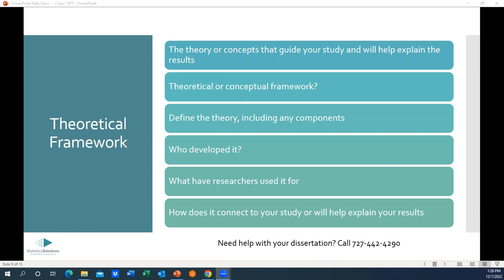Now, having said that, and we're still in the theoretical framework, we're still in quantitative studies, you need to make sure that the instrument that you're using matches with the theory, or vice versa, the theory matches with the instrument. And by that, I mean, let's go back to emotional intelligence.